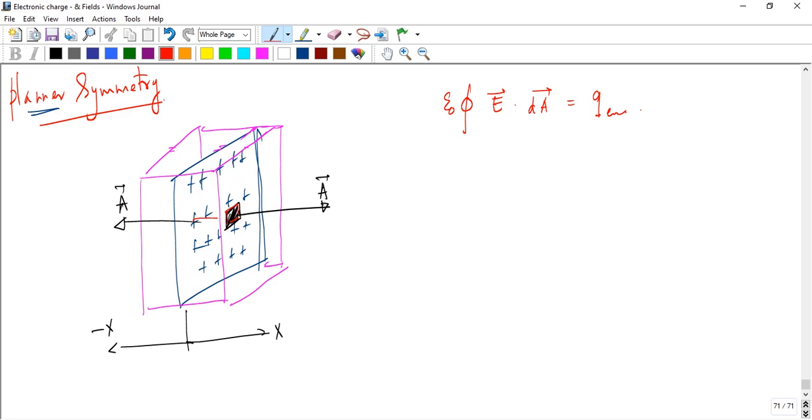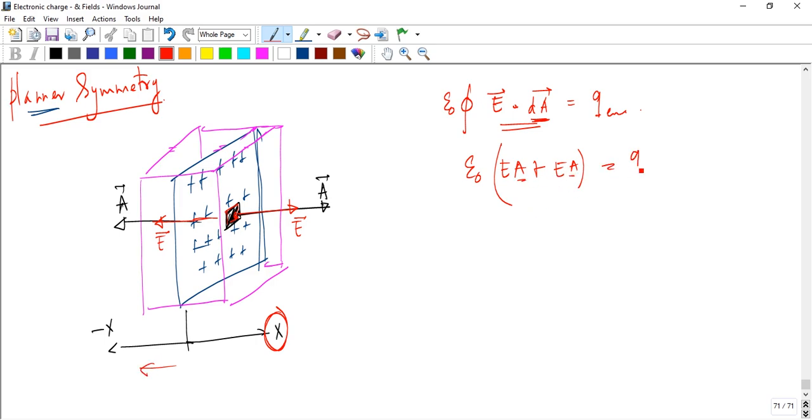Since the charge is positive, E points outward on both sides, in the same direction as the area vector, so E and dA are parallel and cos 0 applies. The integral of dA gives A on the right side in the plus x direction and A in the minus x direction. Both areas are the same.